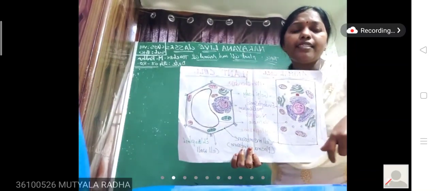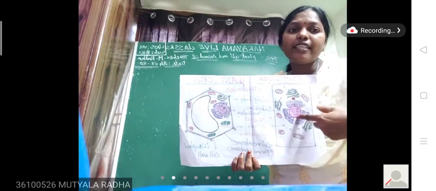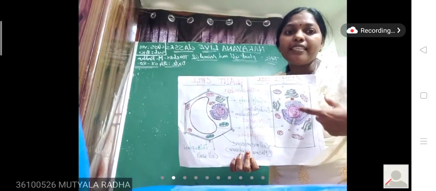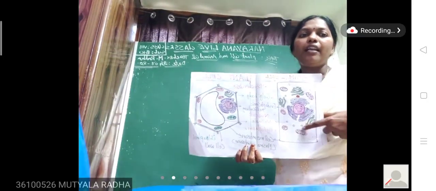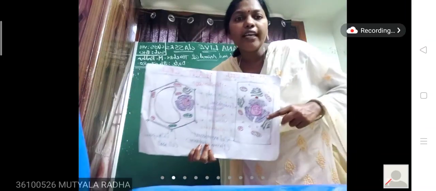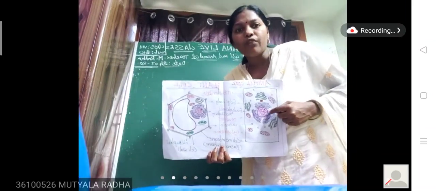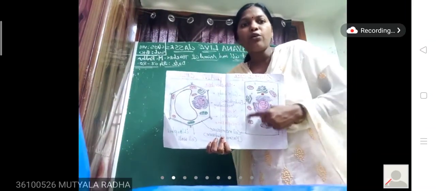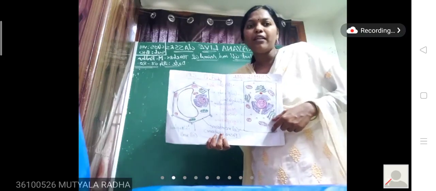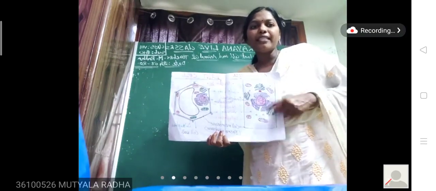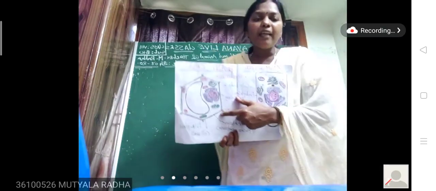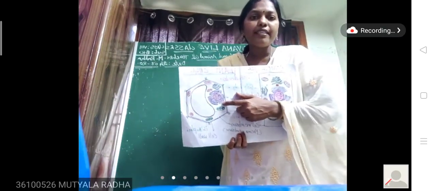Next, differences. Nucleus is present in the center of the animal cell because vacuoles are smaller in size in the animal cell. But in the plant cell, the nucleus is not present in the center.